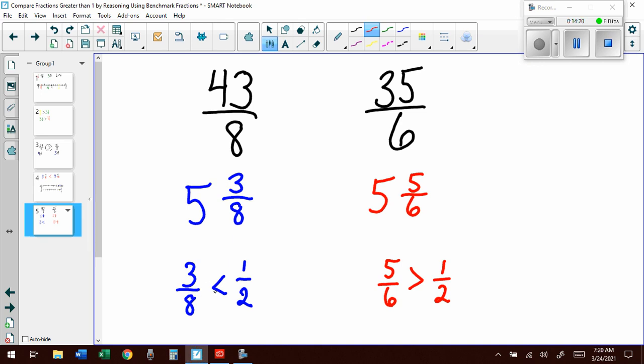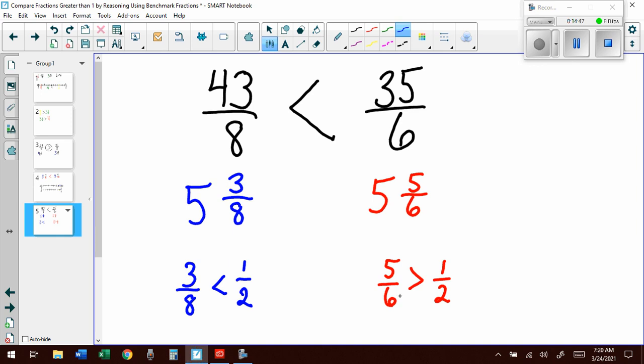Knowing that 3/8 is less than 1/2 and 5/6 is greater than 1/2, we know that 43/8 is less than 35/6. So that's where the use of benchmark fractions come in, because 1/2 would be 4/8, and this doesn't quite make it to 4.